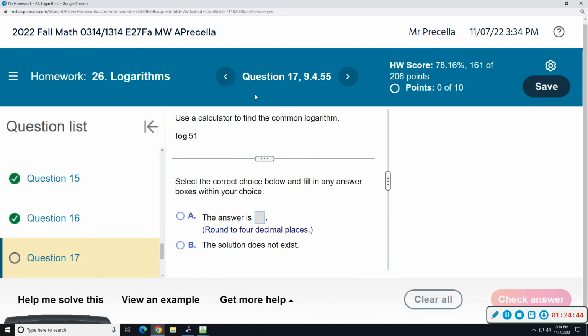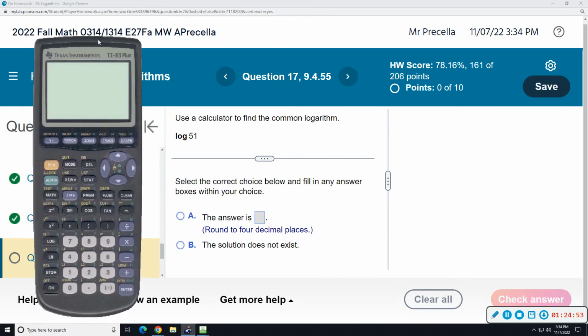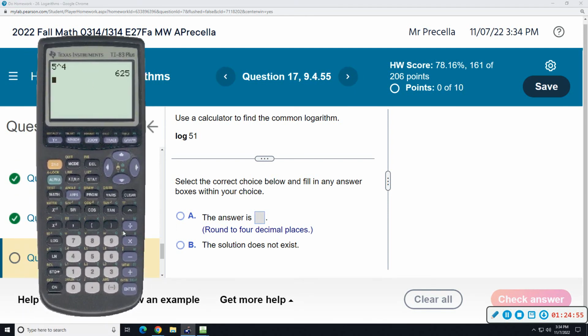Problem 17 says use a calculator to find the common logarithm. On most calculators, not this one right here, the only logarithm key it has is log and ln. It's only that log base 10.